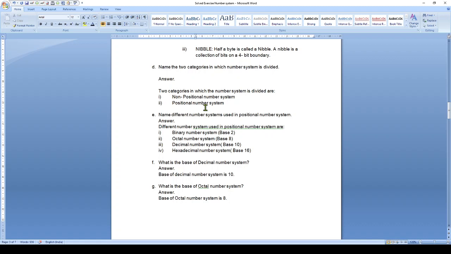Next, name different number systems used in positional number system. Yes.